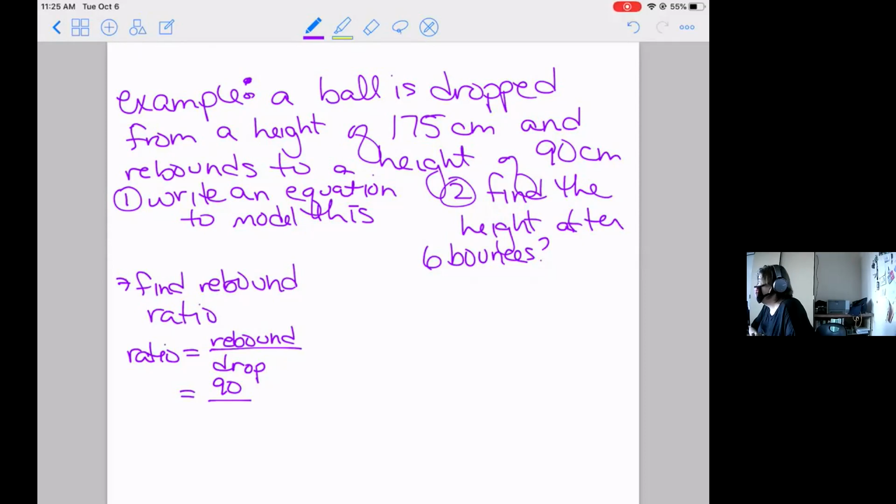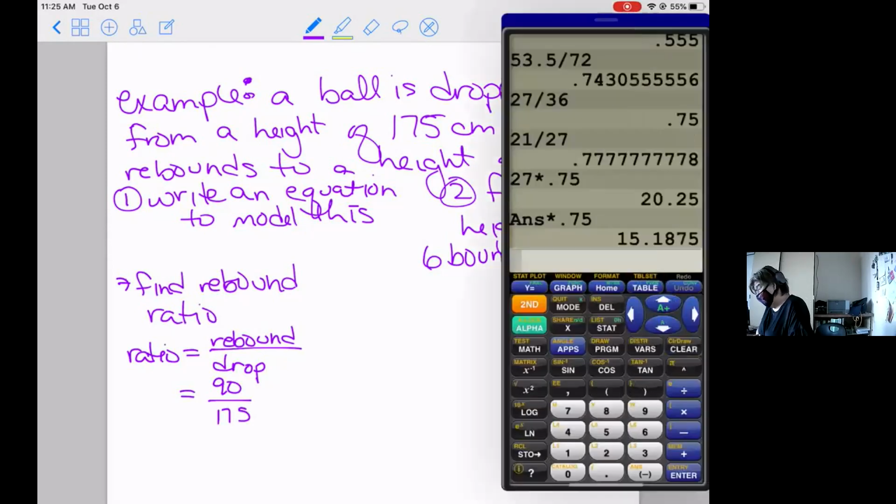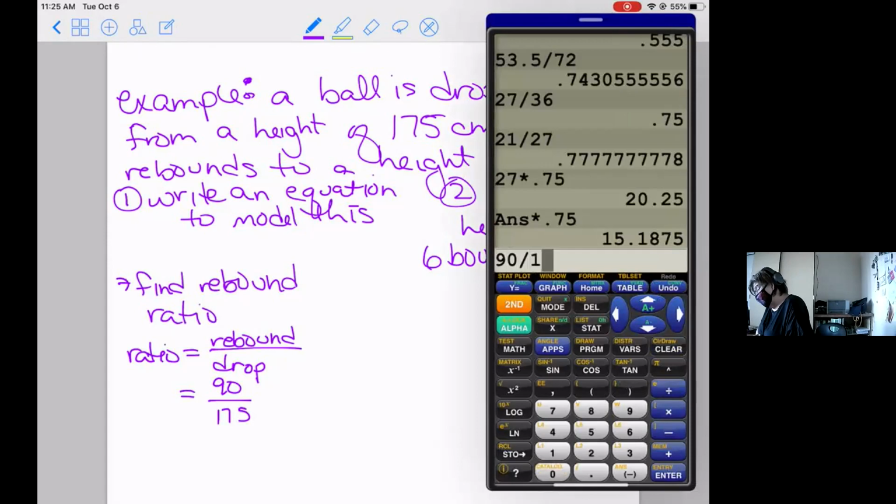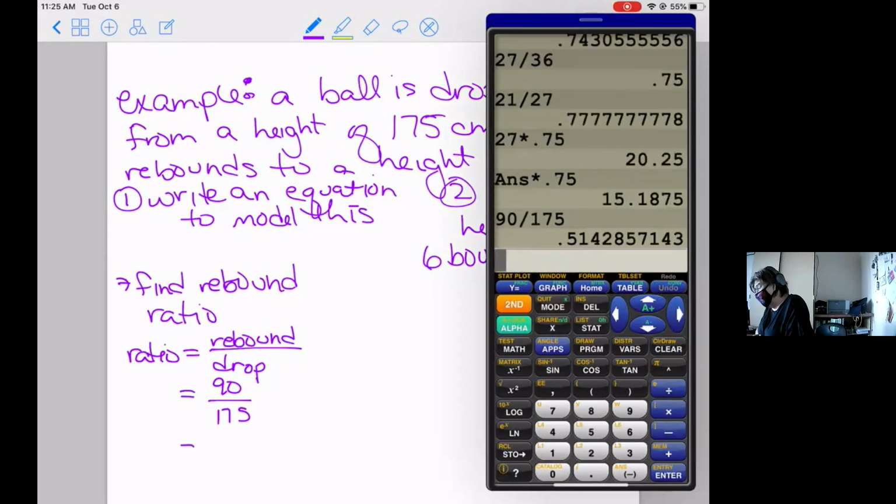What was the height it was dropped at? 175. Now we can leave this a fraction if you want, or do you want to change it to a decimal? I don't care. Probably decimal? Okay. So 90 divided by 175. And just give me at least 3 decimals. So 0.514. All right.